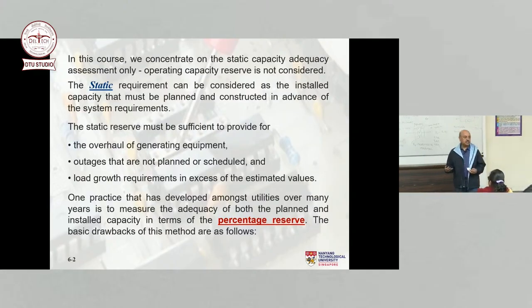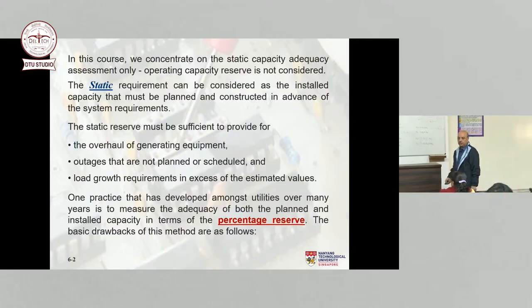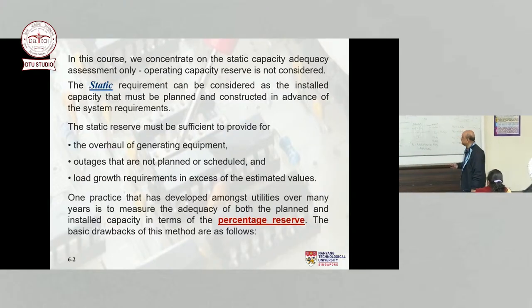So a data collection scheme will always help. Otherwise, you have to just rely on your judgment. Finally, load growth requirements. You must estimate how the load will grow. And sometimes you must also account for load growth in excess of what you have anticipated. So in other words, you provide some redundancy. Yeah, you provide some extra reliability to the system.